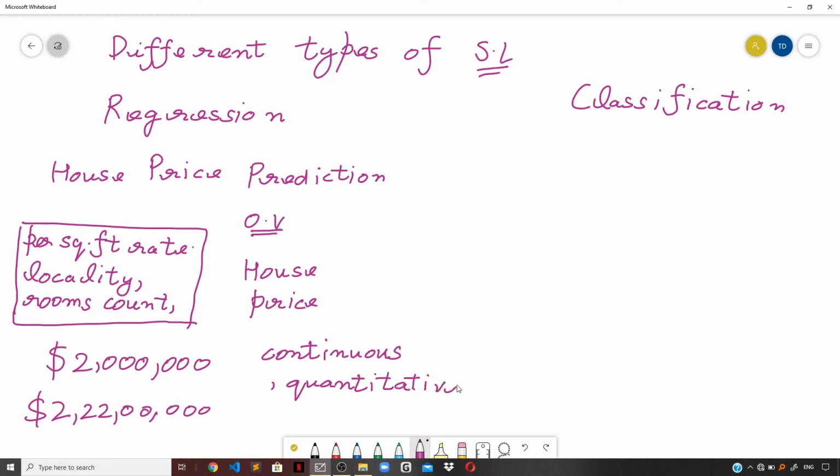That means it can take an infinite number of values for different sets of input variables. Since house price is a continuous variable, this comes under the category of regression. To sum it up, any supervised learning problem which has an output variable of continuous nature is a regression problem. Our house price is continuous in nature, and that is why it's a regression based problem. Now let us move forward with classification.